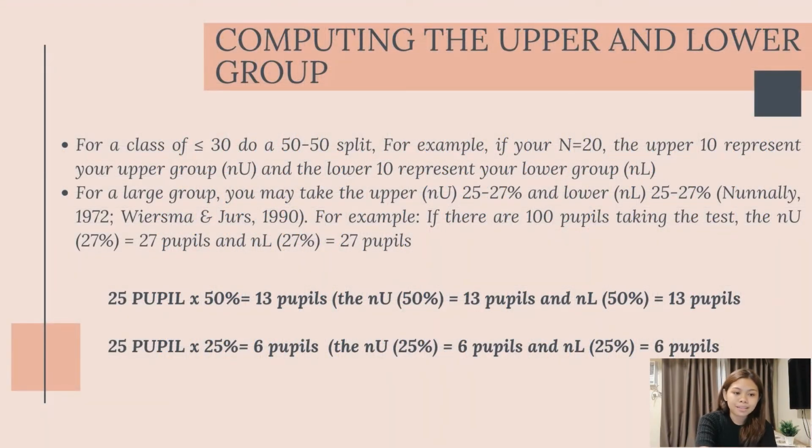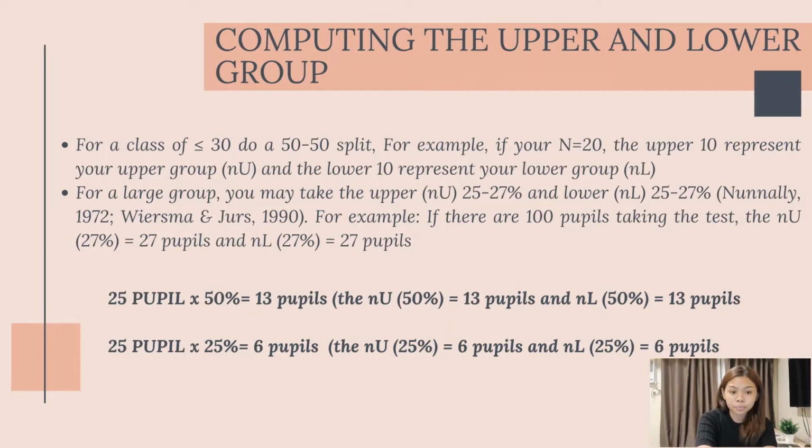The next one is getting the upper and lower group. This is important because we will use this data in computing the difficulty index and discrimination index, which we'll discuss later on. Take note that for a class of 30 or less than 30, you can do a 50-50 split. For example, if your class is composed of 20 students, the upper 10 represents the upper group and the lower 10 represents the lower group.